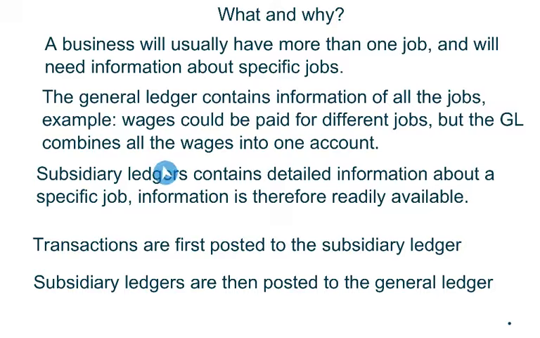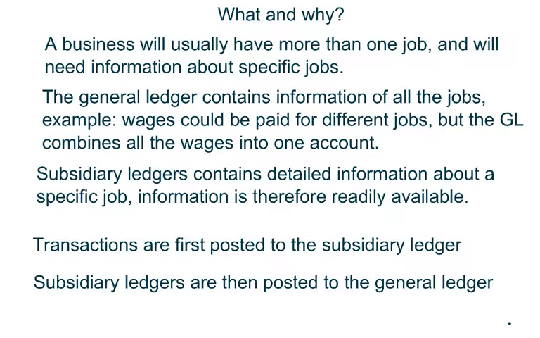And because in the subsidiary ledger you can have this information for specific jobs, the information is easily available. You don't need to go to a general ledger and extract expenses for specific jobs. You can only go to the subsidiary ledger.